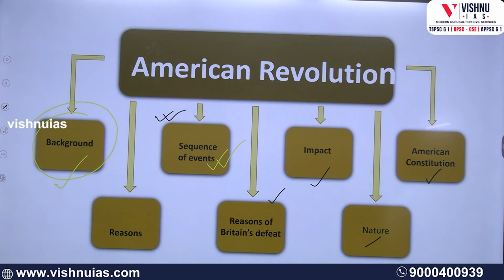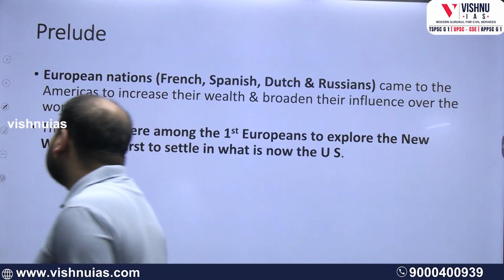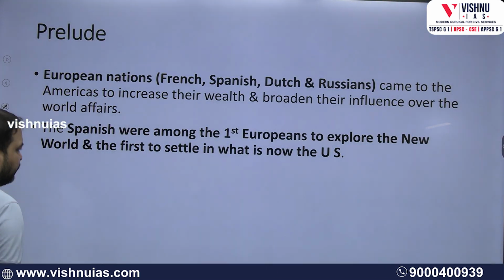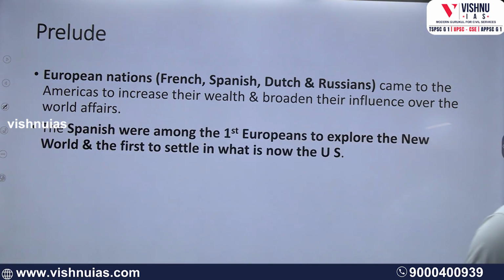Remember guys, Spanish, write down, Spanish were the first Europeans to explore and settle in the US. What we call right now as USA? Spanish were the first to settle in this area.